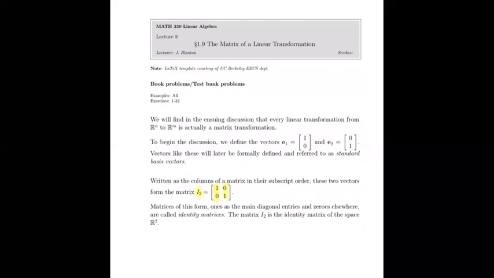I2 stands for the identity matrix in R2. Typically, we'll probably drop the subscript in future uses, where the size of the identity matrix is known from the context. But to be more exact, the subscript may show up from time to time.